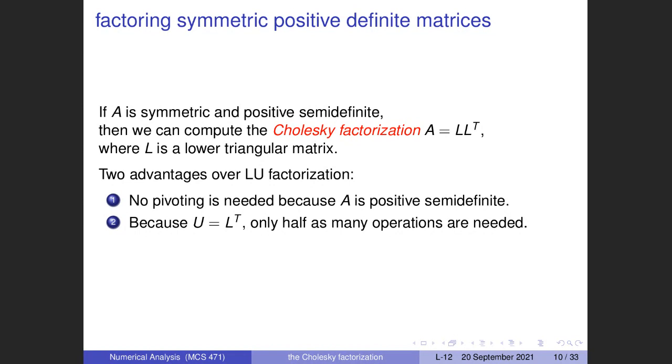We will prove that rigorously, although you can already see that any good algorithm will take advantage of this, so you will only have half as many operations compared to the LU. The other issue is that no pivoting is needed because A is positive semi-definite. We will not go over this, but the algorithm that we will see is a numerically stable algorithm.